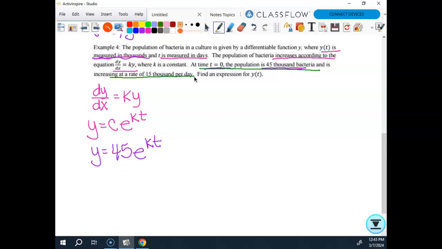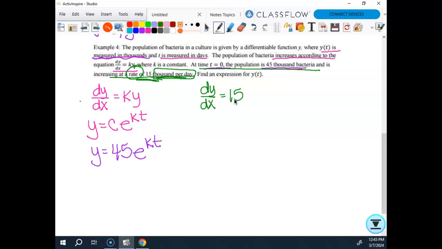The thousands of bacteria is your y. This is the rate, 15,000 per day. This is a rate, right? So what on here represents a rate? dy dx. So dy dx equals 15.